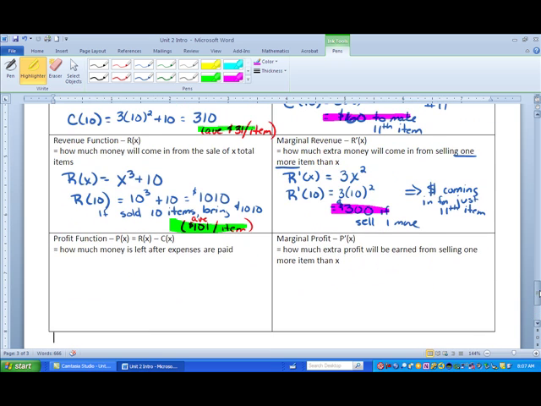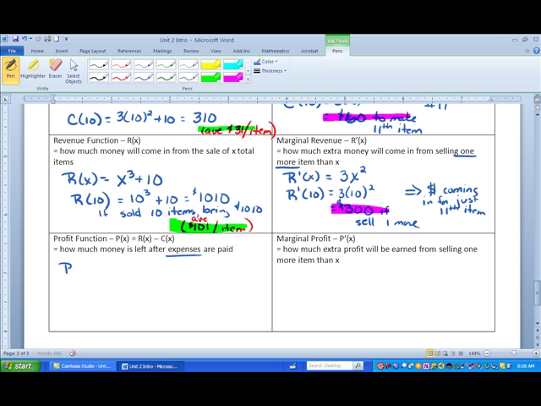So now let's take a look at profit. Profit has to do with how much money the owner gets to stick in their pocket at the end of the day. So cost is how much you're spending on stuff. Revenue is how much money you're bringing in, but that revenue has to pay all the bills. So we have to pay all the expenses, and then whatever's left becomes our profit.